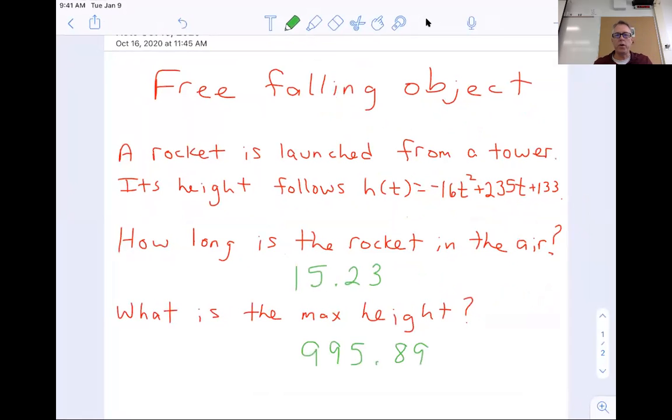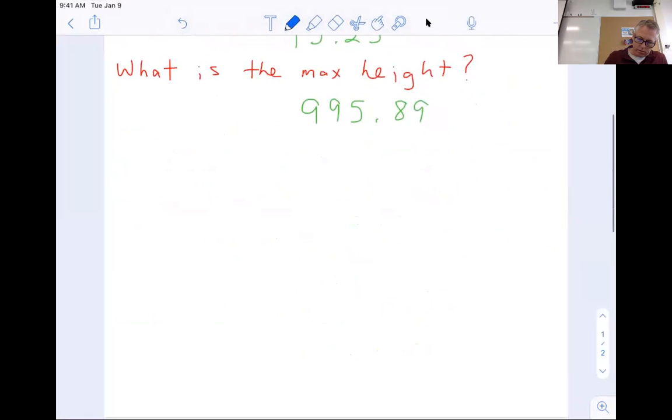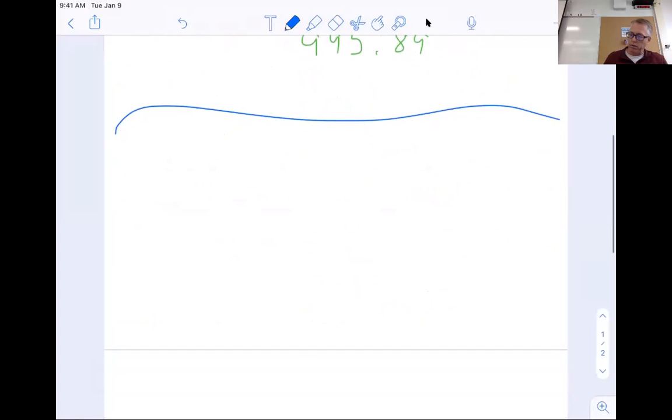All right, let's do another one. So another free falling object. And we want to use our calculator to be able to find specific points of that. All right, so let's say a company makes widgets.